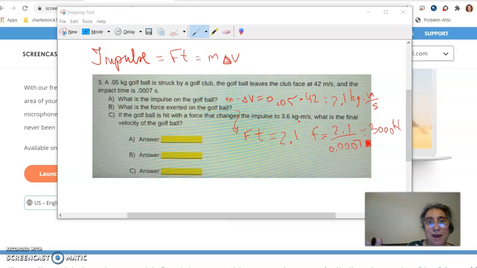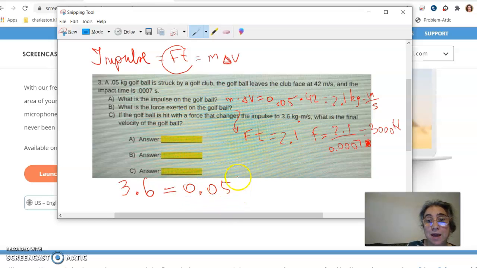We do know the impulse is Ft, so we substitute 3.6 kilogram meters per second, which equals the mass of the golf ball, which does not change, 0.05, times the change in velocity. We go from an initial velocity to a final velocity.